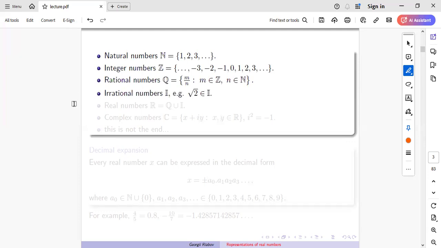There are also irrational numbers like the square root of 2. This is a number that gives 2 after we multiply it by itself. Real numbers consist of rational and irrational numbers.